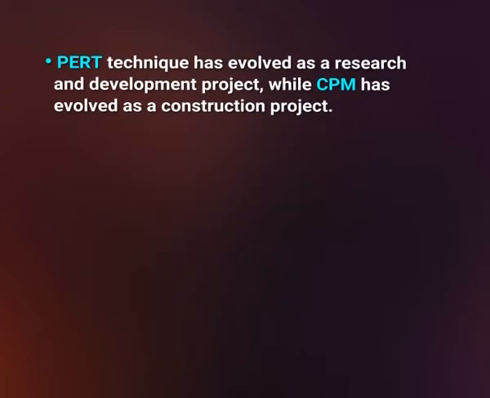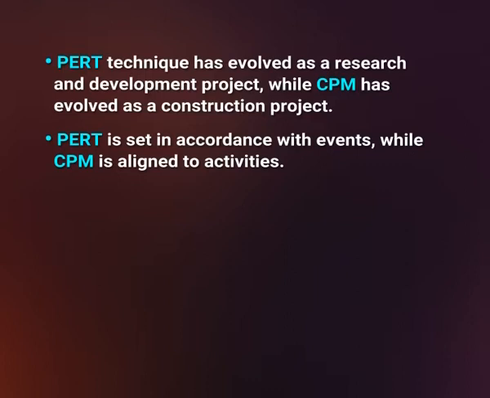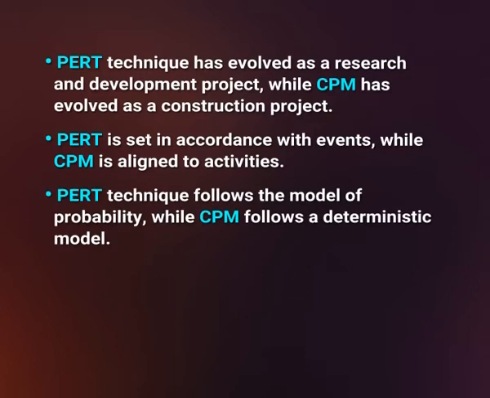PERT technique has evolved as a research and development project, while CPM has evolved as a construction project. PERT is set in accordance with events, while CPM is aligned to activities. PERT technique follows the model of probability, while CPM follows a deterministic model.